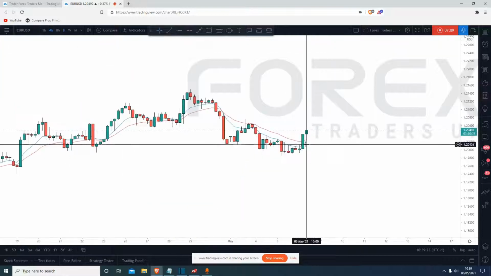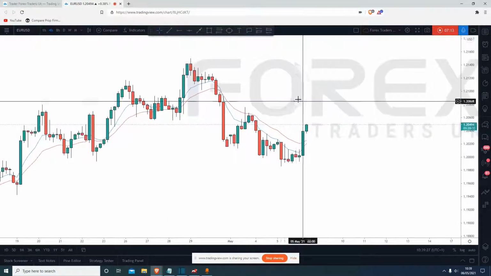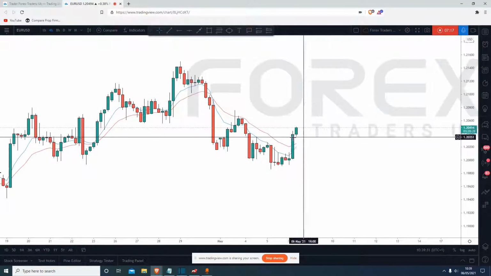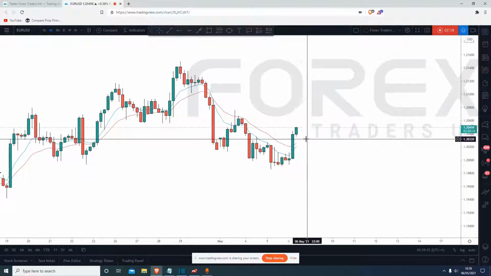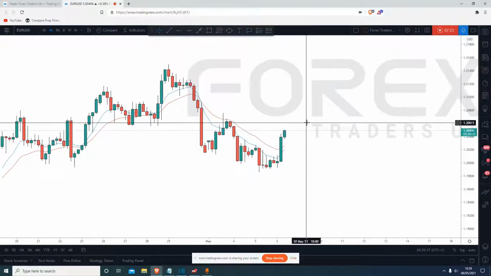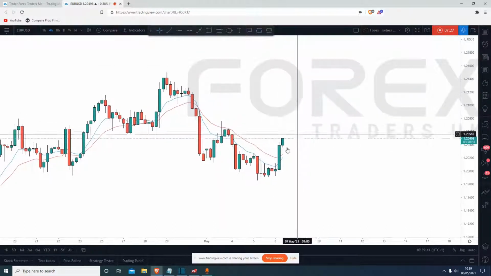On the 4 hour, we are now awaiting the bullish moving average crossover to the upside. We're waiting for the blue to cross over the red, which may occur. And if we do get that shortly, then that potentially may indicate one other confluence as a reason as to why we should buy the Euro USD.